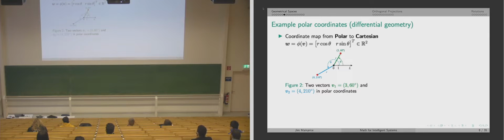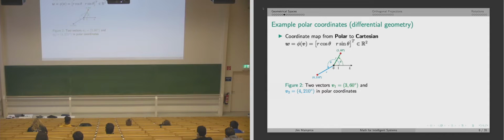We can change our coordinate representation based on this function here. So this is taking a vector v expressed in polar coordinates, and it's spitting out a vector expressed in Cartesian coordinates. So this is what the value of x is going to be, and this is what y is going to be.